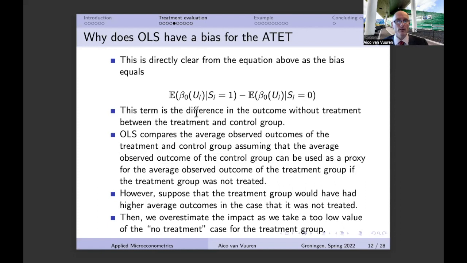Let's again look at a couple of different examples, starting with another economic example. Suppose that we look at job training programs in which unemployed individuals may be trained in order to find re-employment. In that particular case, there are generally different kinds of unemployed individuals.